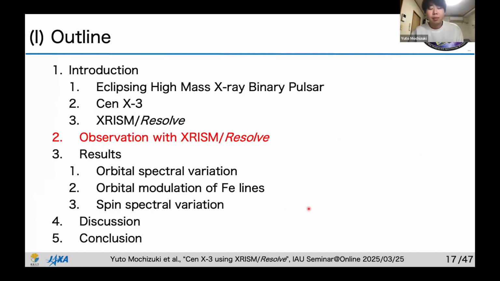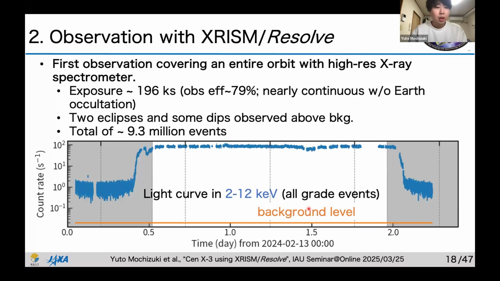All right, let me introduce the XRISM results: observation of the X-ray binary. In the PV phase, we conducted a full observation covering the entire orbit using the XRISM Resolve spectrometer. This figure shows the light curve and the background level of Resolve.